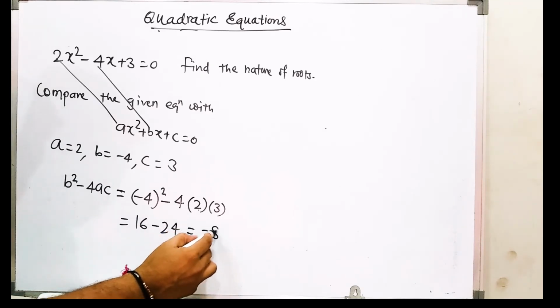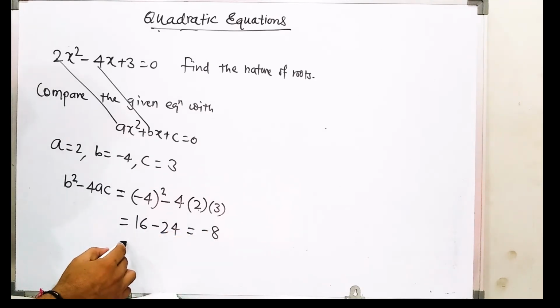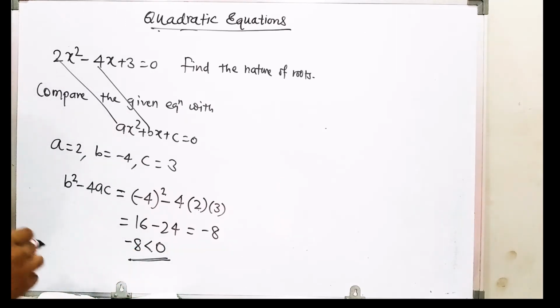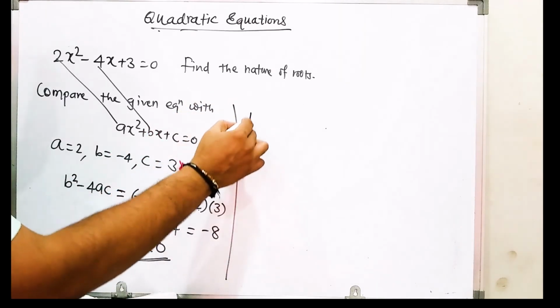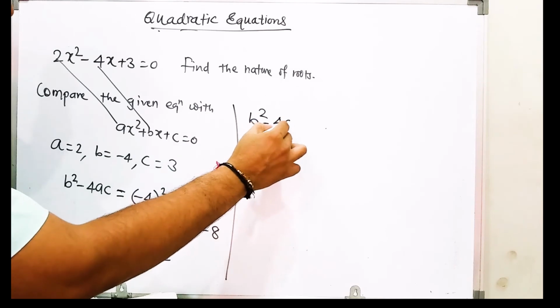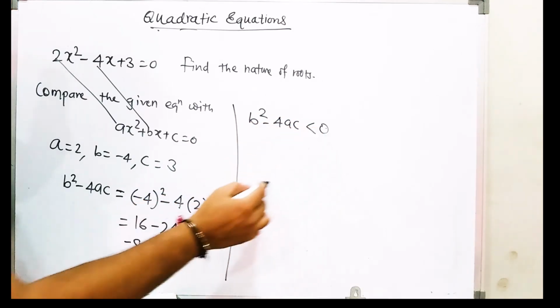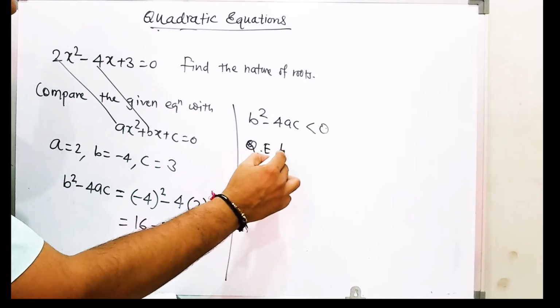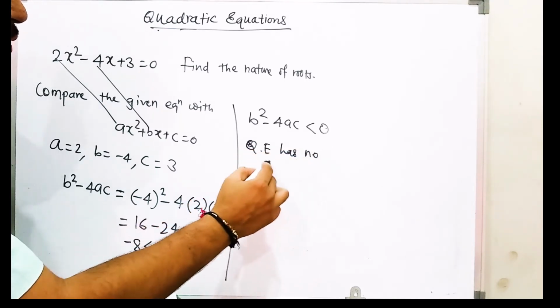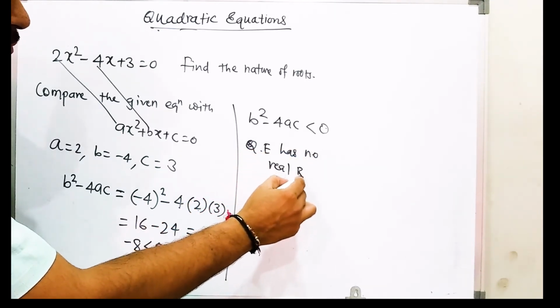So the answer comes out as minus 8. But this minus 8 is less than 0. Therefore, according to our given condition, if b square minus 4ac is less than 0, then the given quadratic equation has no real roots.